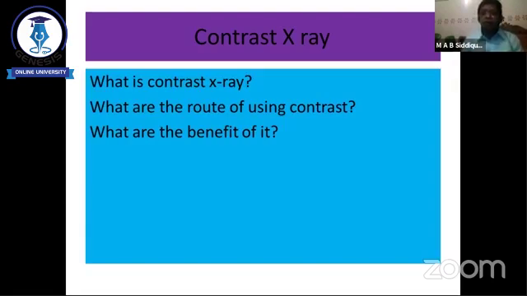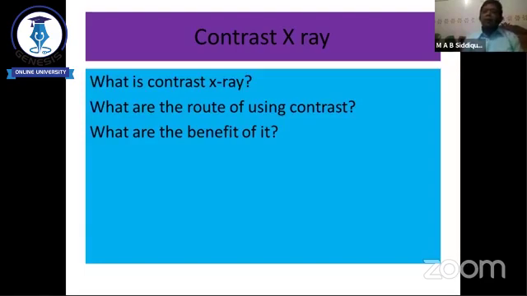So this is the preliminary: contrast is the dye we use to visualize visceral structures that are usually not visible on plain X-ray.